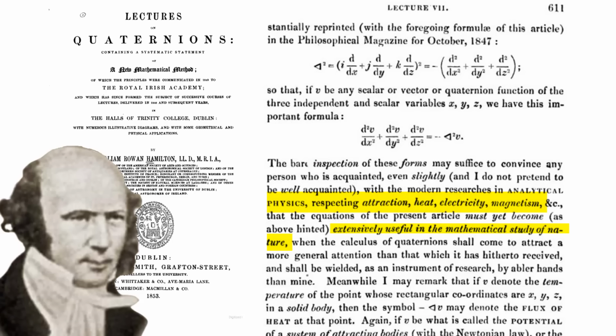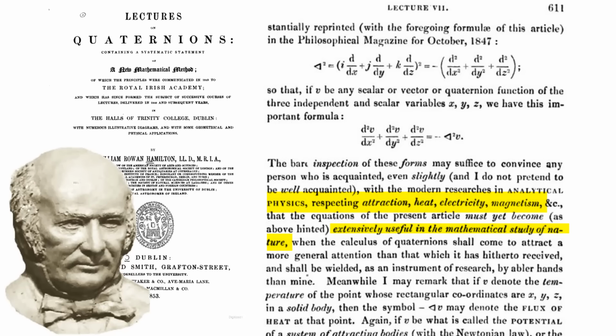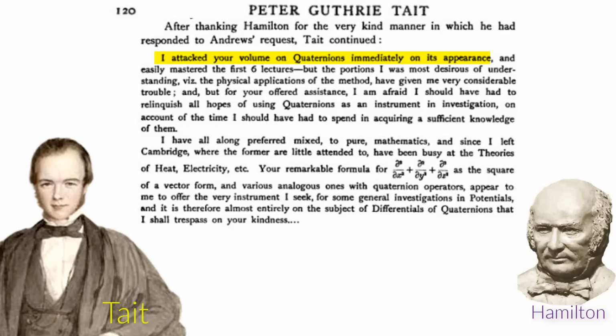Hamilton then combined many of his articles about quaternions into a book titled unimaginatively Lectures in Quaternions, which he published in 1853, which is how Tait initially learned of quaternions. As Tait told Hamilton 5 years later, "I attacked your volume on quaternions immediately on its appearance." However, when it came to this triangle or del function, Tait had trouble.